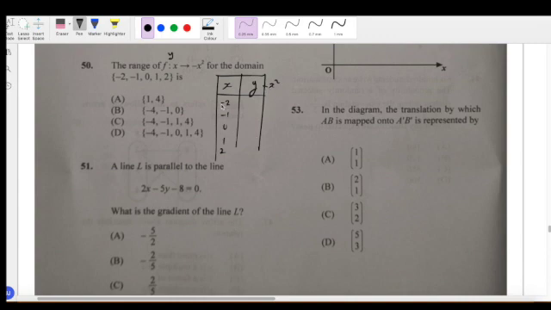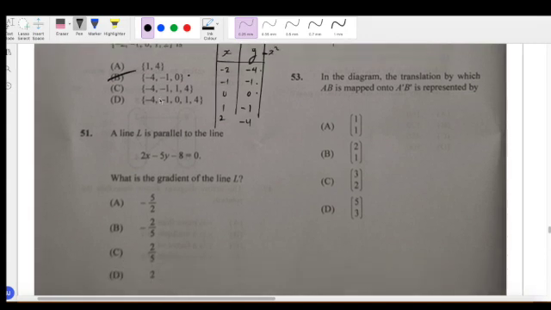So negative 2, well, all of the negatives will be squared. So negative 2 squared will be 4, and then I have the minus in front of it, so that'll be minus 4. Negative 1 squared is 1, then the minus in front of it. 0 squared is 0. 1 squared is 1, but I'll have a minus in front of it. 2 squared is 4, negative 4. Right, so you can see here that the range has the values negative 1, negative 4, and 0. The answer is B.